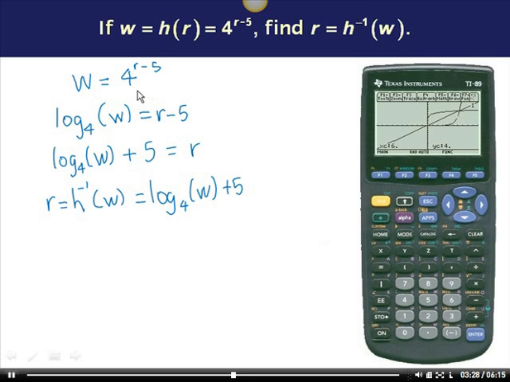Let's look at our exponential and make sure that this makes sense. If I input 6, my exponent is 6 minus 5, which is 1. 4 to the first power is indeed 4. This makes sense. If the point 6, 4 is on the exponential, then the point 4, 6 should be on the logarithmic function. Let's test this out. The logarithm I had plotted as y2.